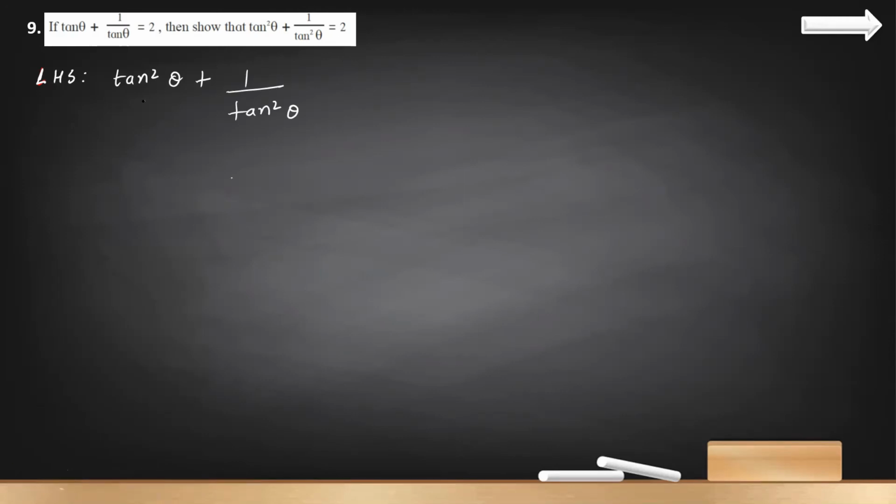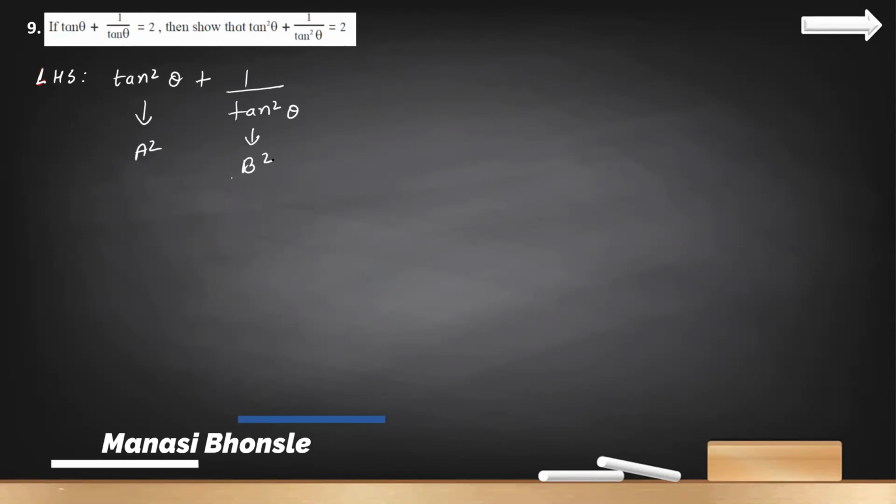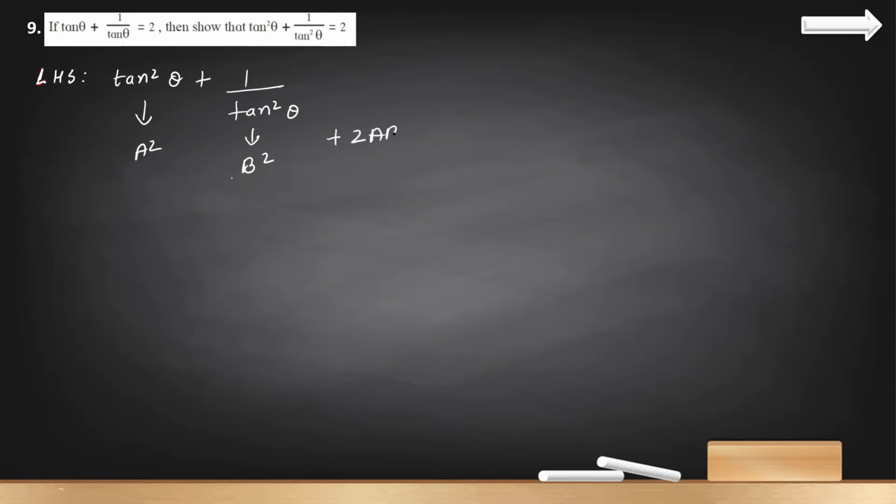Okay, so if I consider this as my a square, and this as my b square, in order to convert into a perfect square, I need to add 2ab and again subtract 2ab in order to maintain the equilibrium. So 2 times ab minus 2 times ab.